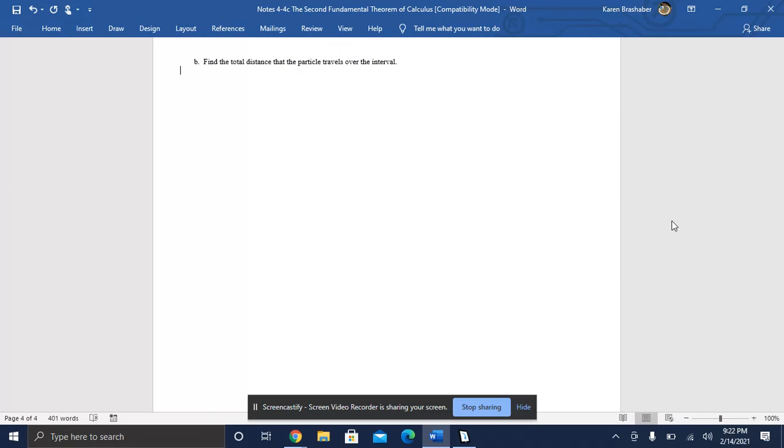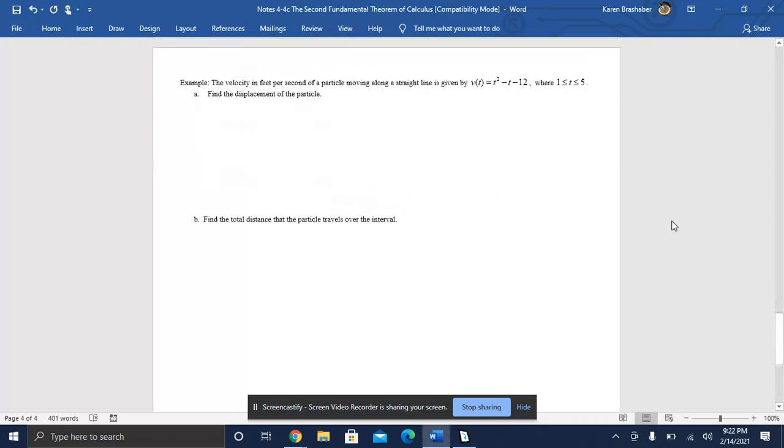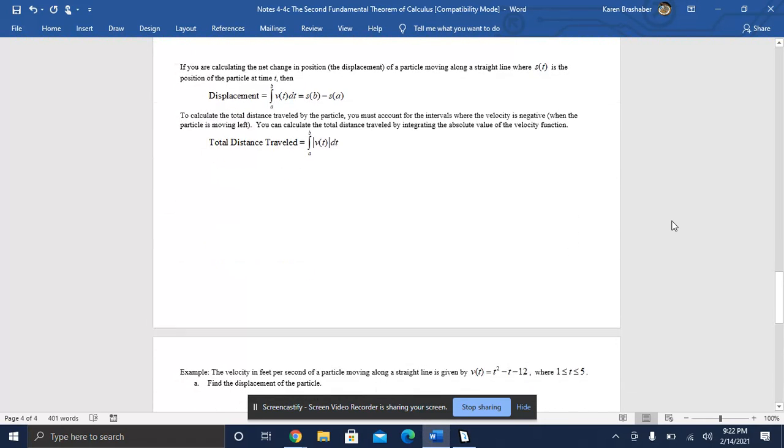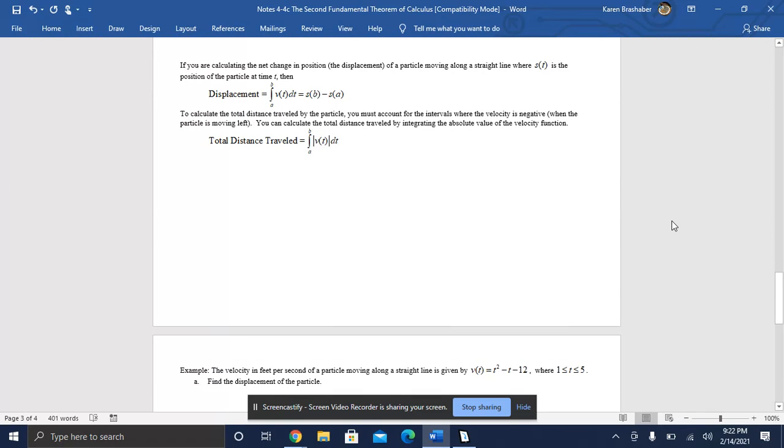All right, so I'm going to move us on to the next idea. These are all applications. So this is about displacement, and on displacement, if you're calculating the net change in position of a particle, so a change in position, then you're doing the fundamental theorem of calculus, but we call this displacement.